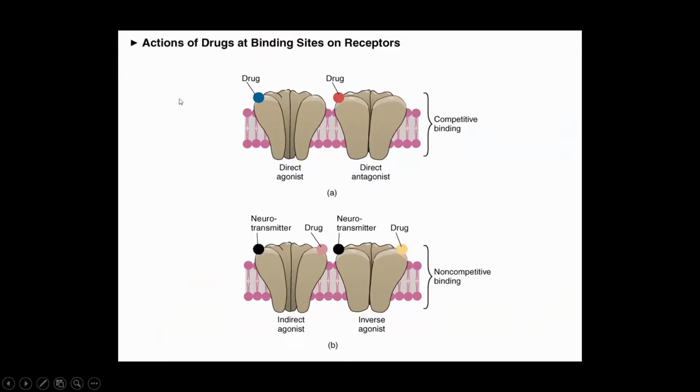Now I want to do a quick terminology here. If I have a drug that binds to the same place on the receptor as my neurotransmitter and it stimulates, so drug binds same place as neurotransmitter, and it activates the receptor, it's called a direct agonist.